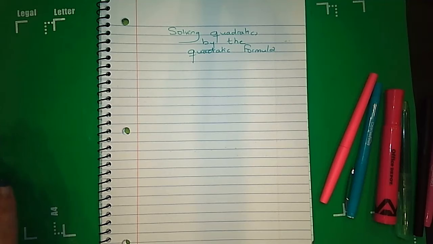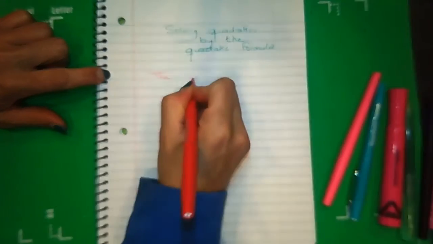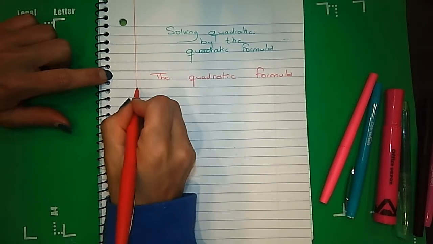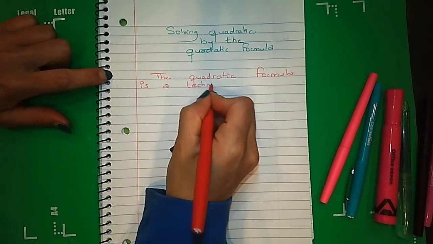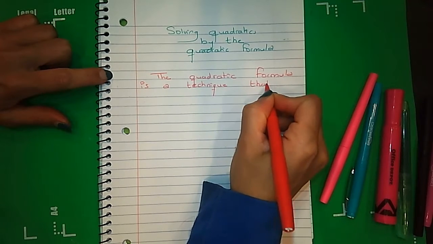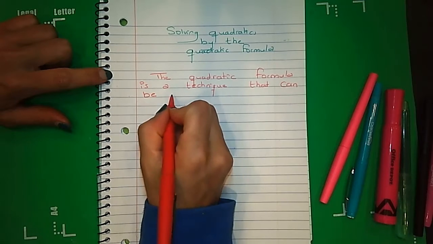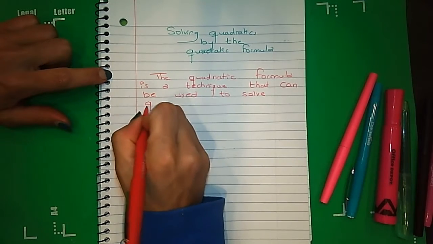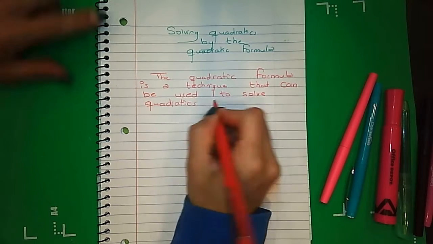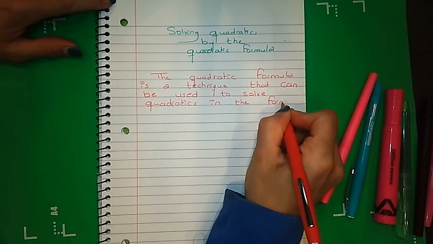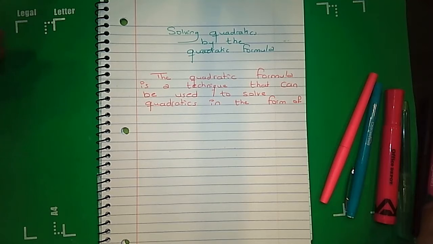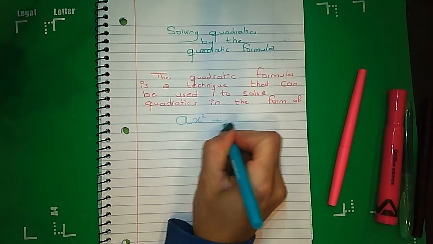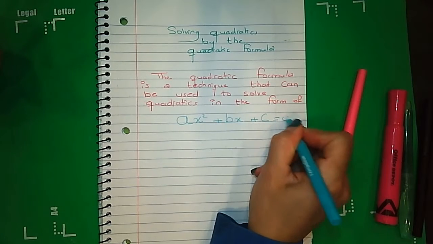So here I'm just going to define it for you. The quadratic formula is a technique that can be used to solve quadratics in the form of, so it's very important that it is in the form of ax squared plus bx plus c equal to 0.